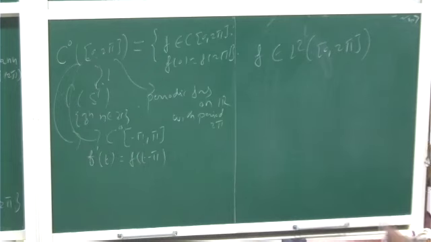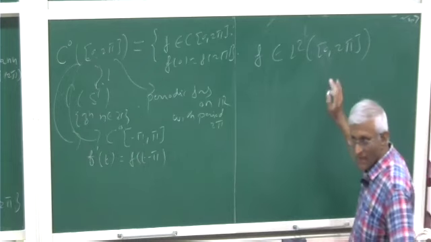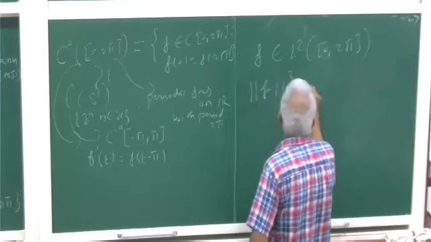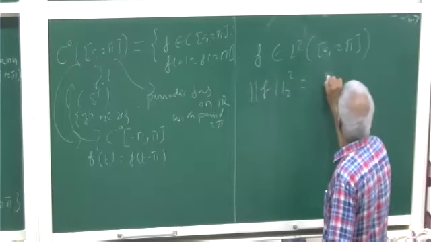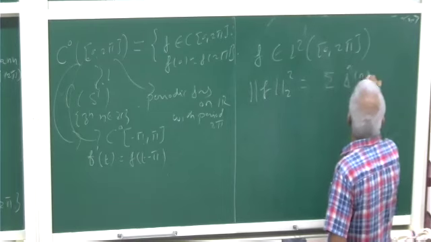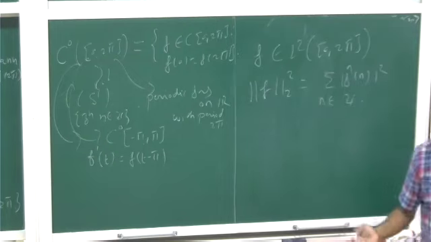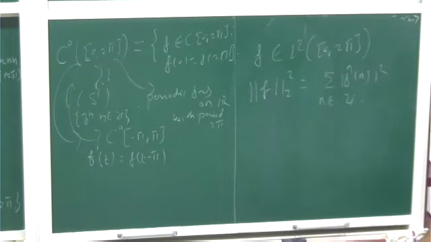It's a completion, so f is in L2 of 0 to 2π. The sum of 1 over n squared follows from that, so I just apply this to compute that series.